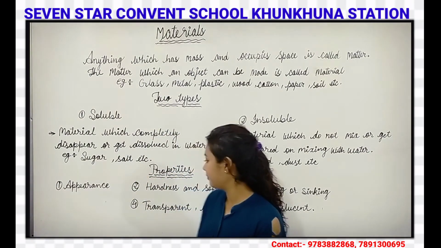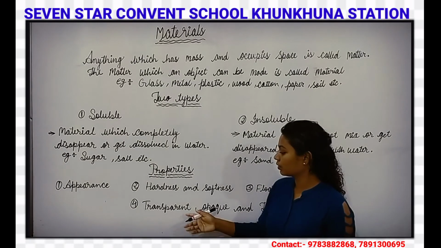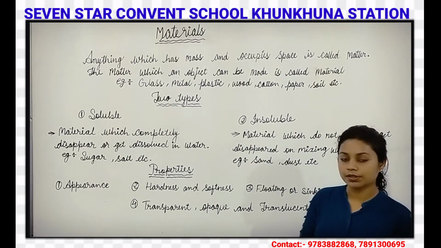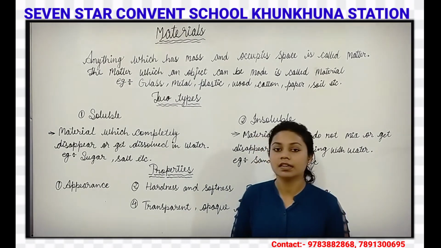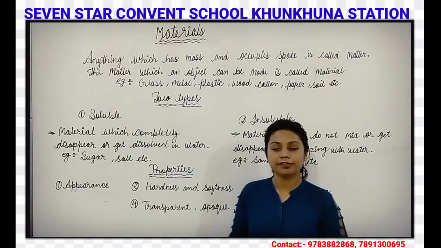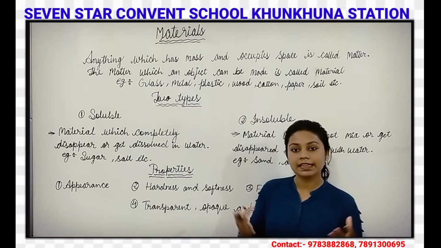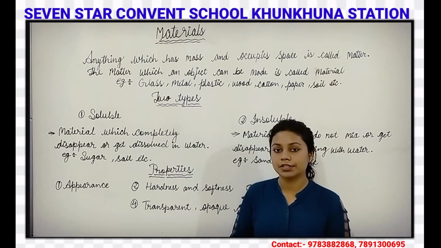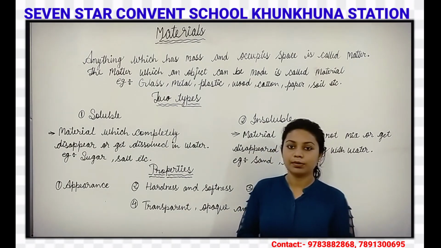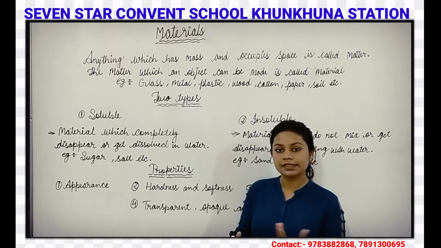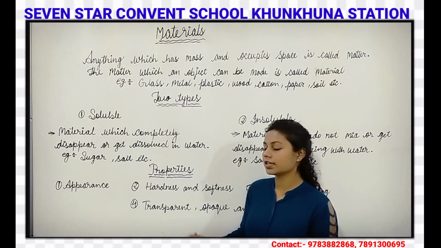Next, the fourth one is transparent, opaque and translucent. What is transparent? The material of an object which can be seen very clearly is called transparent material. For example, water and glass are examples of transparent material.